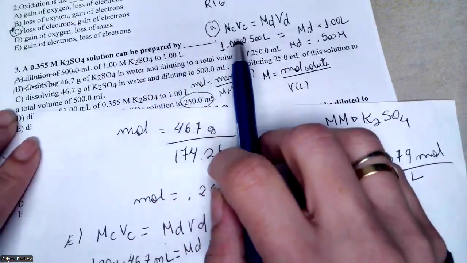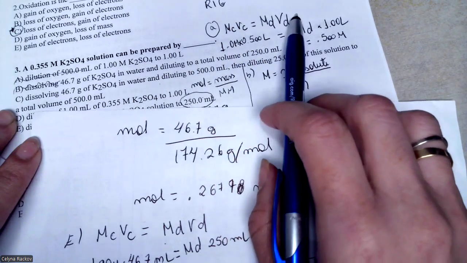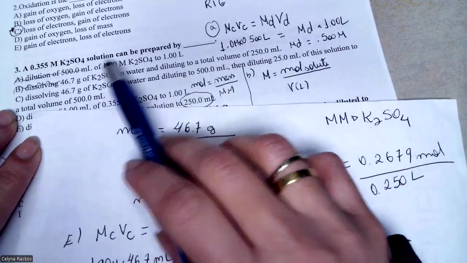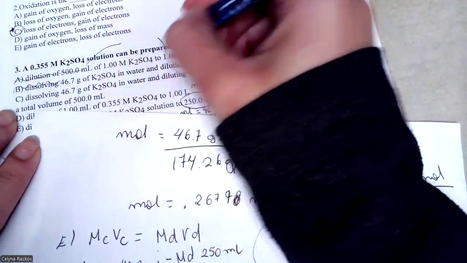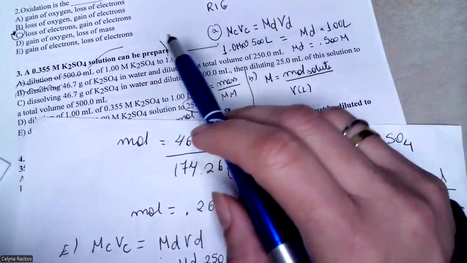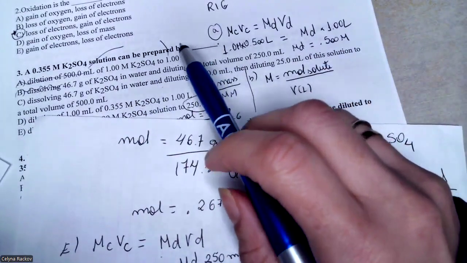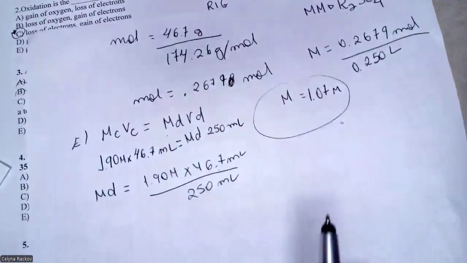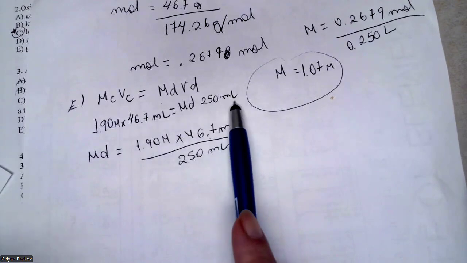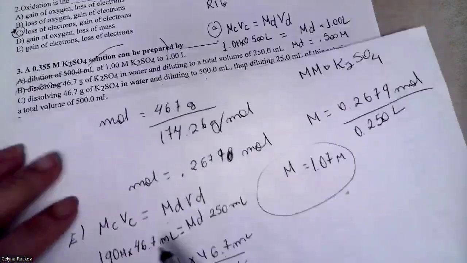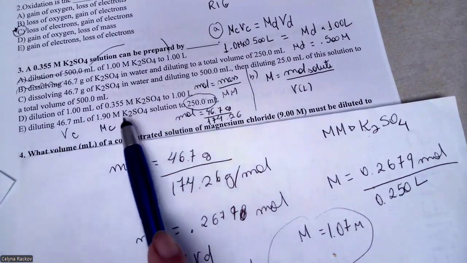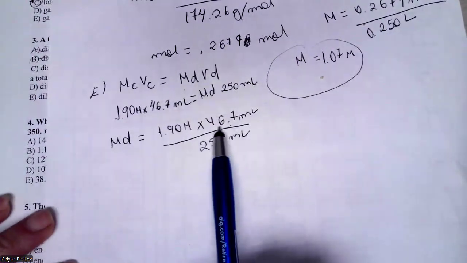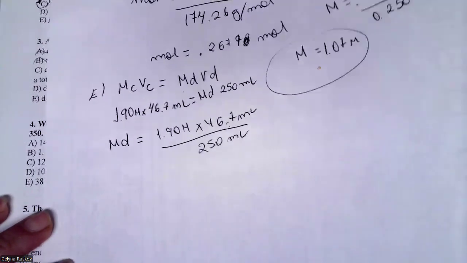That's why for letter A, I did convert to liters, because the volumes were in different units, and you cannot do that. You need to make sure all volumes are in the same unit. That's why for letter E, I did not need to convert, because letter E already gave everything in milliliters, right? So I'll let you calculate this one.